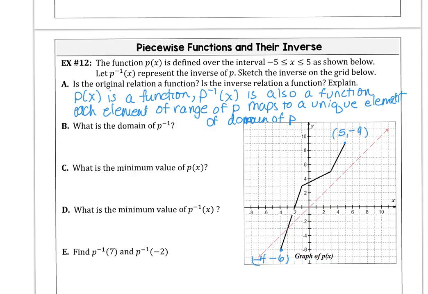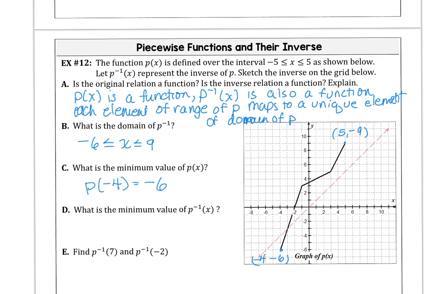So the domain of the inverse is going to be from -6 to 9. What's the minimum value of p of x? That would be the y value at -4. So the p of -4 is the lowest value.